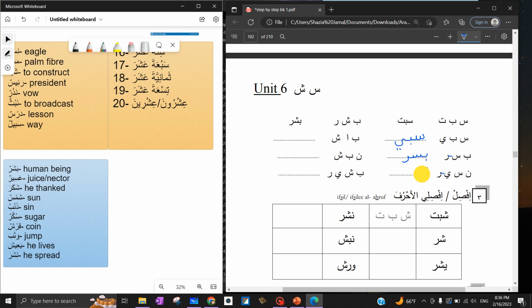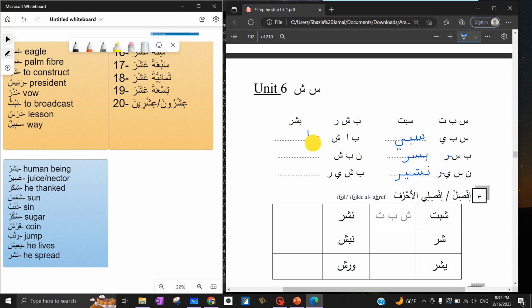So noon, sheen, tail and ya like a ba and connect the ra. So noon, this is seen, no dots. And ya has two dots. Bashara. So here also all are connected.